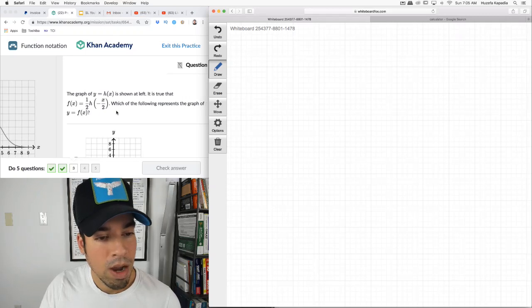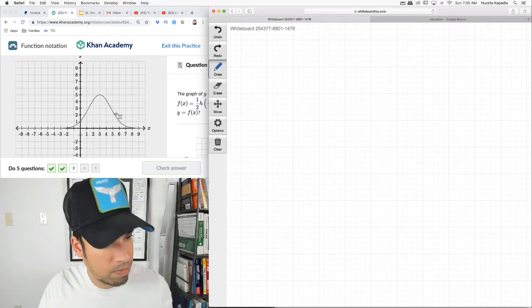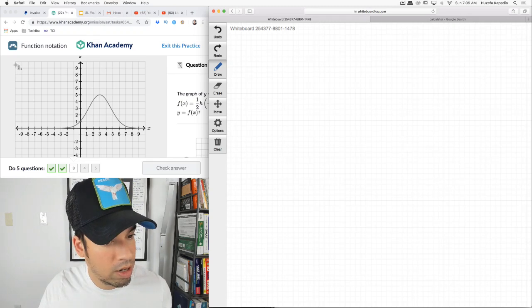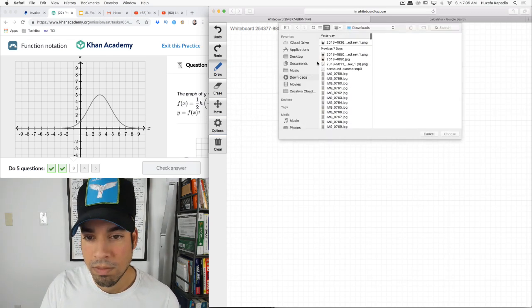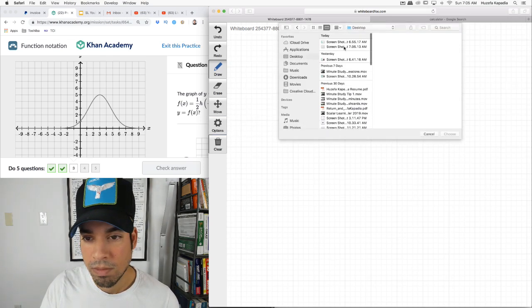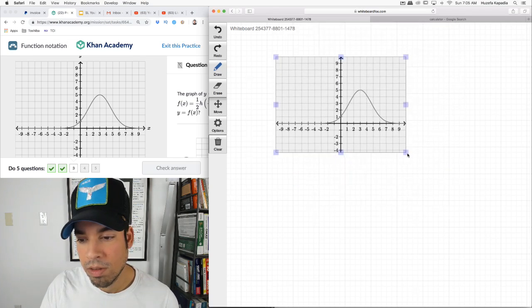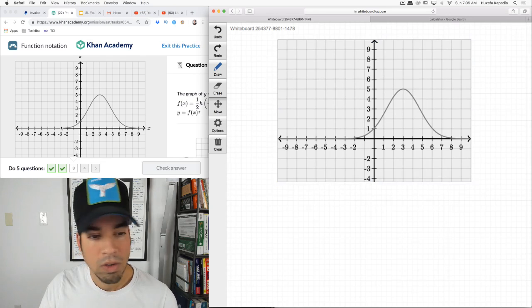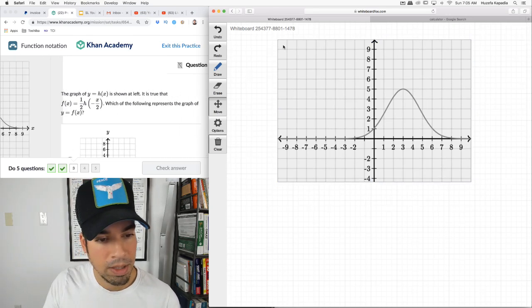Okay, the graph of y equals h of x is shown here. You know what I'm going to do is take a screenshot, just so we can see this a little better. Okay, the graph of y equals h of x is shown here at the right actually now.